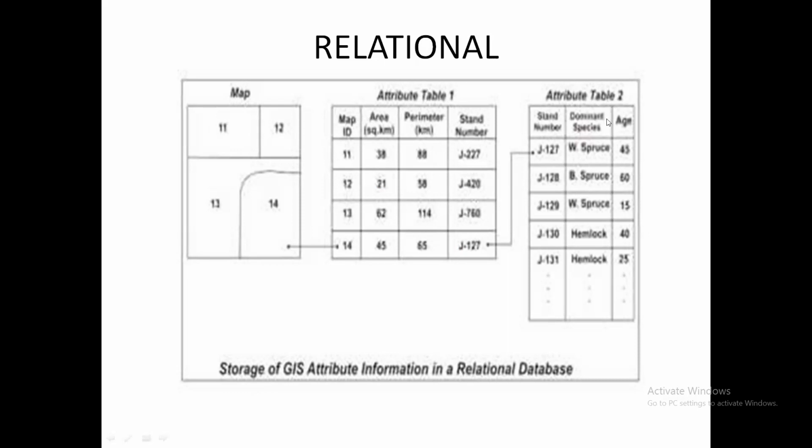Suppose I want to find the age of the land, I will first refer to the base table. If age is not present, we are going to search for the age in the joint table. So by using a foreign key, you will be mapping to the joint table. In the joint table, you will be referring to the age of the particular land. So this is how mapping happens in your relational data model.